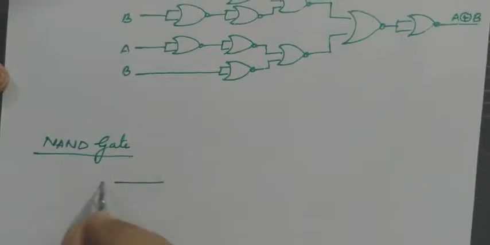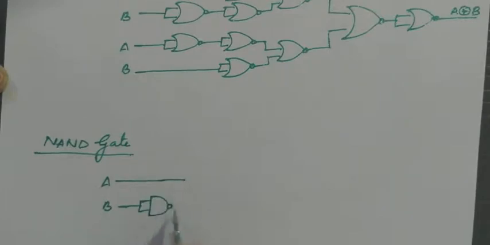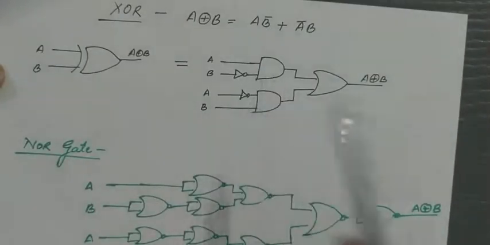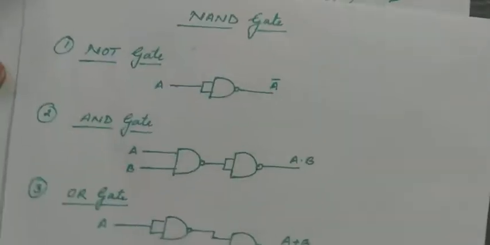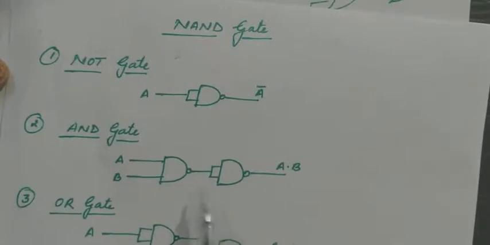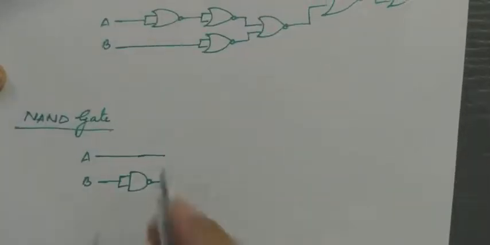So we will make input line A and input line B, and for NOT we will use NAND gate here. This is the NAND gate. Now these two input lines were connected to an AND gate here, so we'll make an AND gate. This is the representation of AND gate using NAND gate. So we'll add an AND gate.